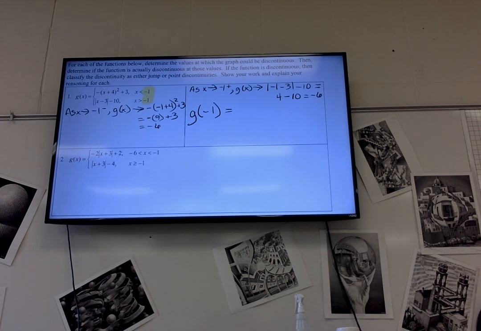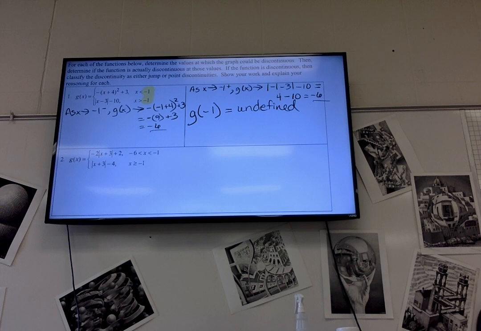No. None of those have a less than or equal to or greater than or equal to. So since it's undefined, it can't be continuous. But it does have what kind of discontinuity? Point. Why is it point? Because they equal the same. Yes, because those two match up. Which is what we just did on the last problem. We made the two match up so we could have a point discontinuity.